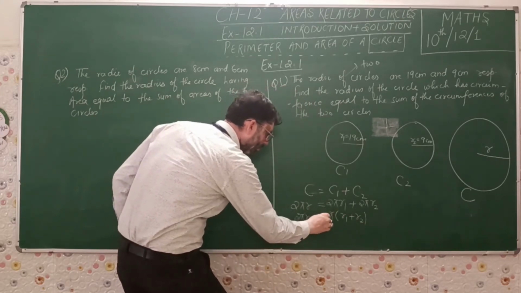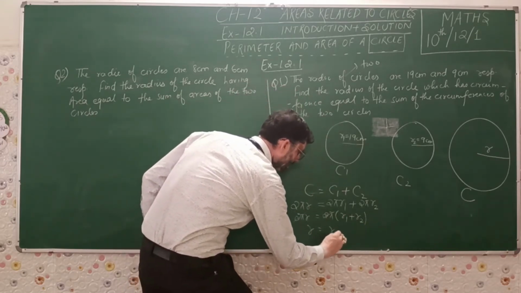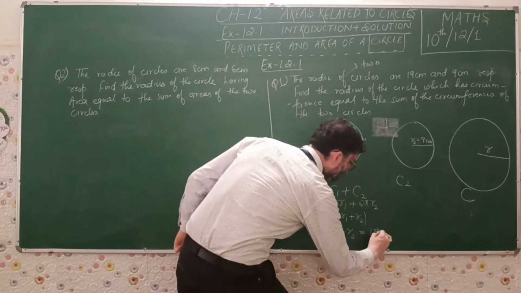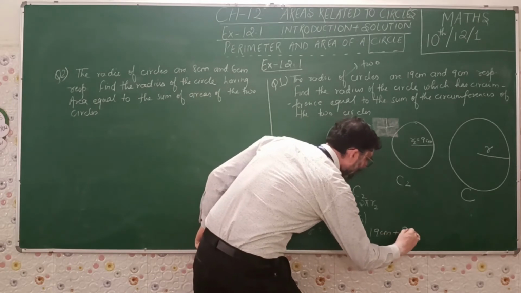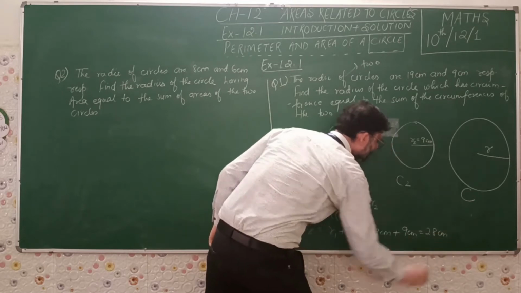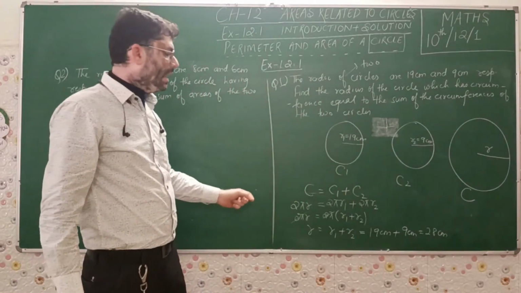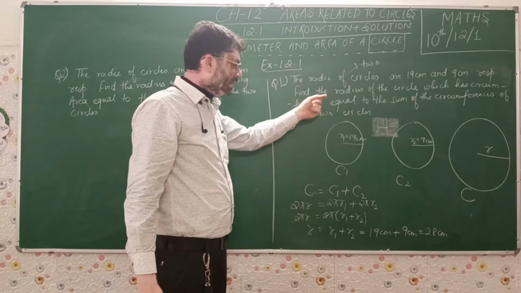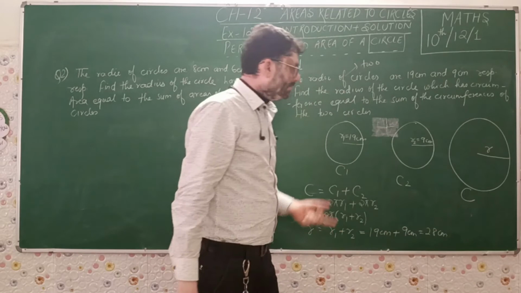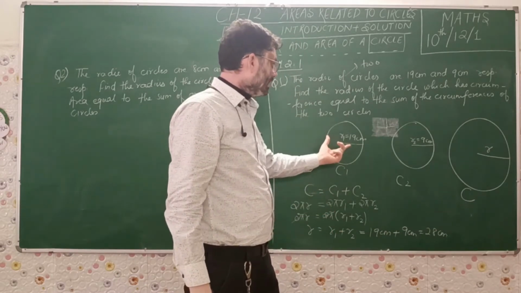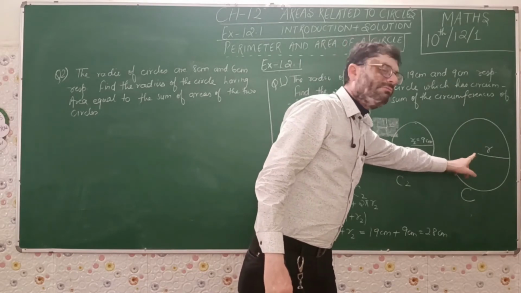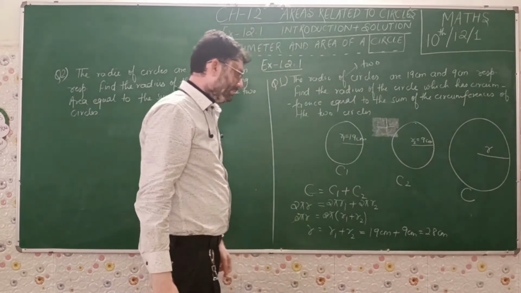Cancelling 2 pi on both sides, r is equal to r1 plus r2, so that will be equal to 19 centimeter as r1 and 9 centimeter as r2, and together that is 28 centimeter. That will be r. That means the radius of the new circle will be 28 centimeter, with the condition that the sum of the circumferences of these two circles is equal to the circumference of the final circle with radius r.